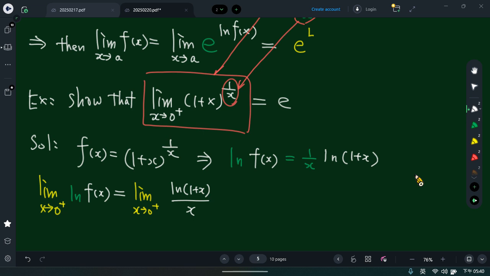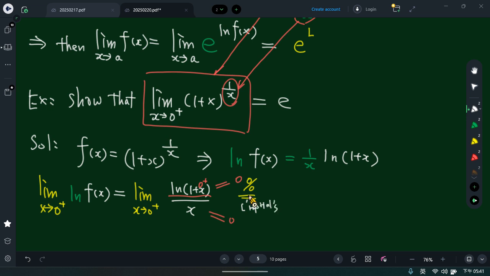When we calculate this one, you can see when I use 0 plus here, the value will be ln of 1 plus 0 plus, so the value will be 0. Then if x is 0 plus, the denominator is also 0, right? So we get a 0 over 0 form, so we can apply L'Hospital's rule.